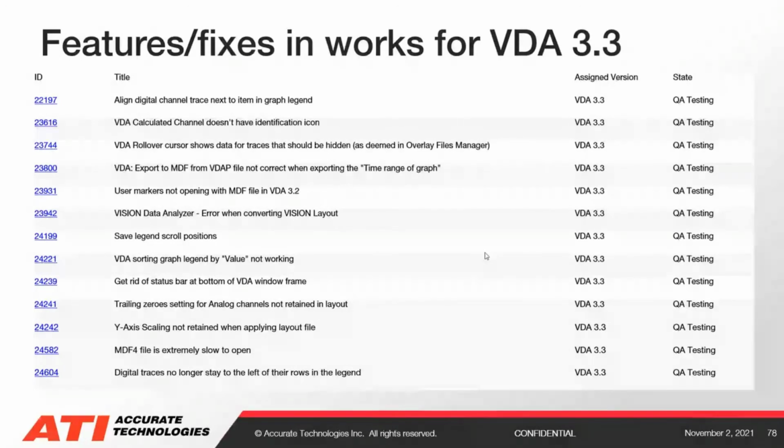We did have a couple of things that were causing some problems, things that were appearing to be a little bit laggy, things like that. So all these features are coming for VDA 3.3. And like I said, we should have a public beta out pretty soon. As you can see now, it's November 2nd, 2021. So really excited and hoping to see that very soon.